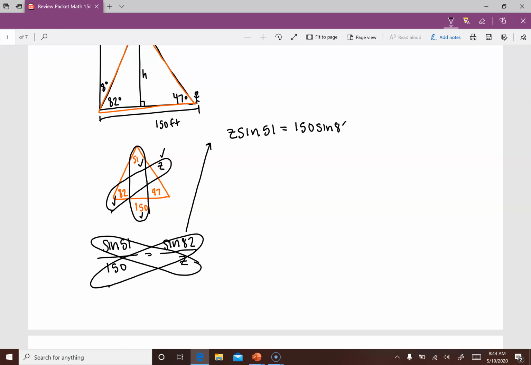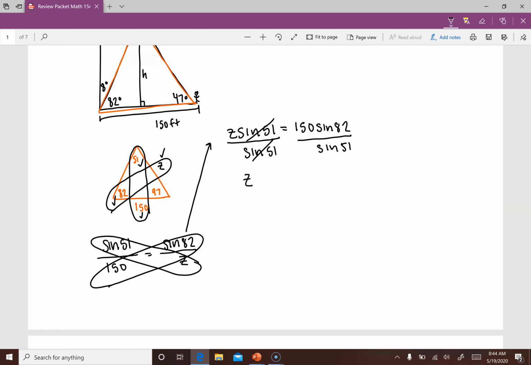And just make sure you put that constant in the front. If you put it at the end, just make sure you close your parentheses after your angle, or else it'll be taking sine of that value, which you don't want. So now to solve for z, we're going to divide by sine of 51 on both sides. I always want to do the thing that's attached to the z.